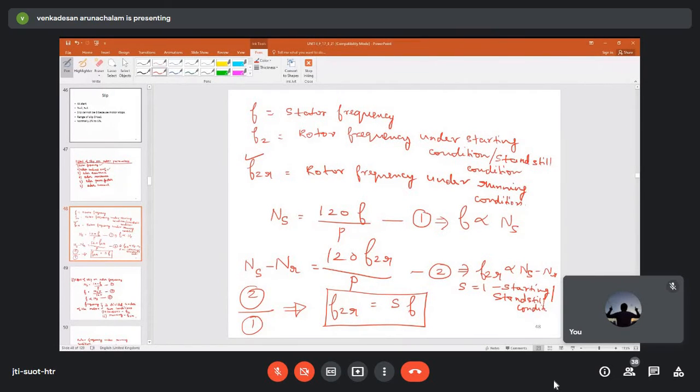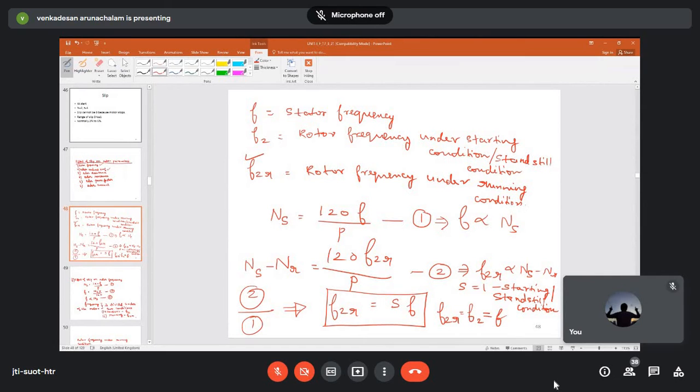So when the machine is about to start, your F2R becomes F2, because F2 only we have taken as the rotor frequency under starting or standstill condition. That is becoming equal to F itself. So when the machine is about to start, the frequency of the rotor is the same as the frequency of the stator. Are you understanding this point?